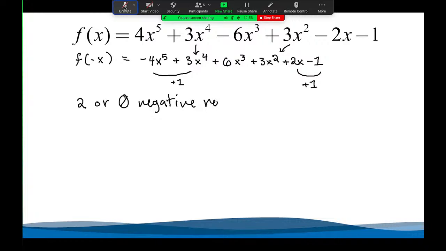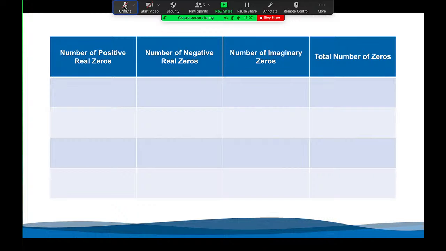Now what are we going to do with these positive and negative real zeros? Well, now that we know how many we have, we can make a chart of all the possibilities of the number of zeros. Remember that because of the fundamental theorem of algebra, we know that the total number of zeros for a fifth-degree polynomial like this one will always be 5. So we can write 5 here.